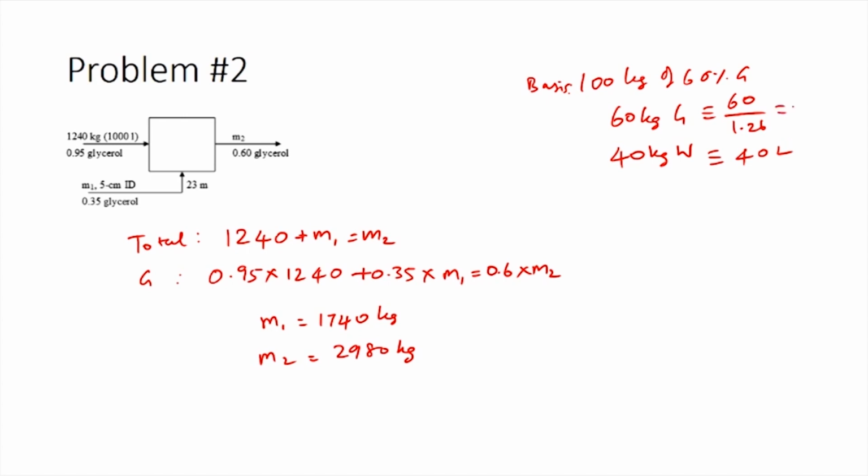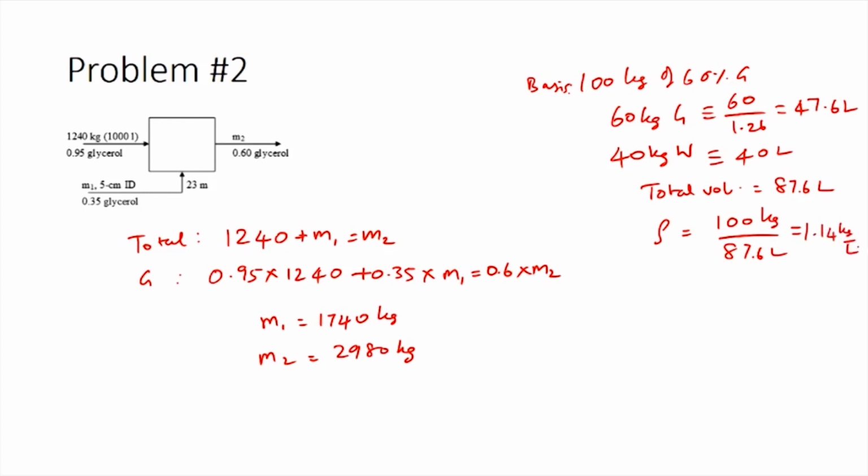So, the volume of 60 kilograms of glycerol would be equal to 60 divided by 1.26, which is 47.6 liters. So, the total volume would be equal to 87.6 liters. Your density would be equal to 100 kilograms divided by 87.6 liters, giving you a final value of 1.14 kilograms per liter.